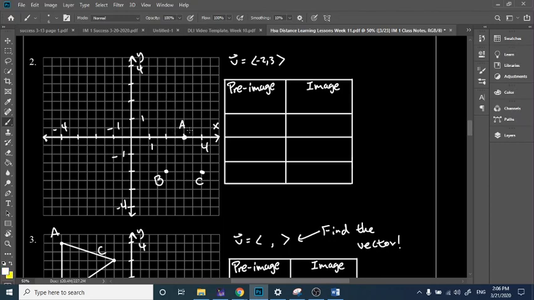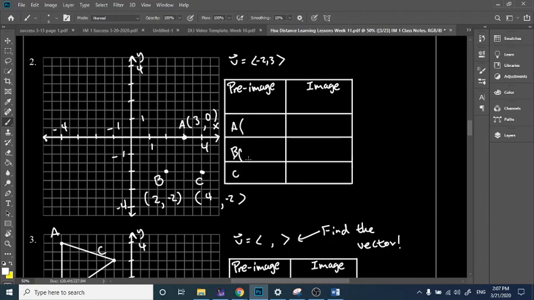Okay, so now let's look at this. Let's find those points. I suggest pausing so you can get that. And then you can check when you get back. That should be 3, 0, 2, negative 2, and that's 4, negative 2. Okay, great.